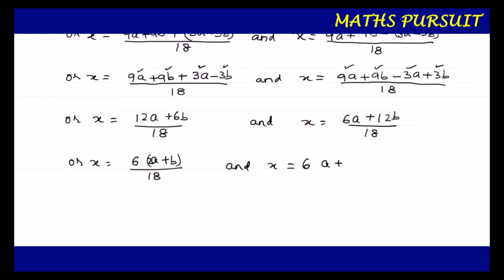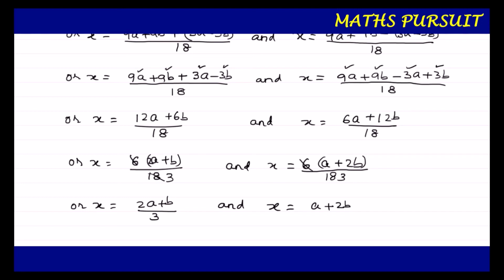So here I will get a plus 2b upon 18. Or x is equal to 2a plus b upon 3. How? Because 6 3s are 18. So 2a plus b upon 3, and here we will get x is equal to a plus 2b upon 3.